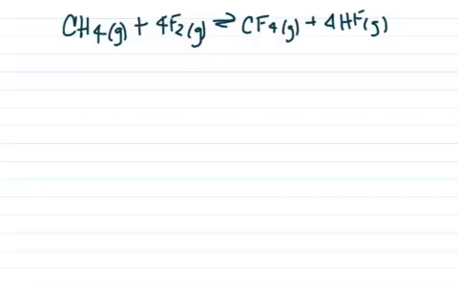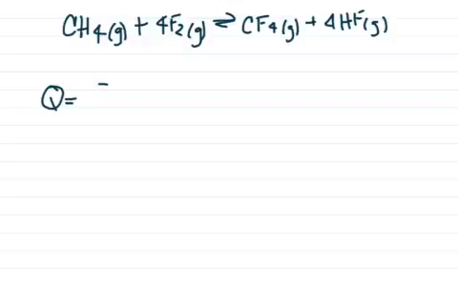Given methane plus 4 fluorines goes into carbon tetrafluoride plus hydrofluoric acid, we're going to put this into a reaction quotient. Remember, our Q is equal to our products all over our reactants.